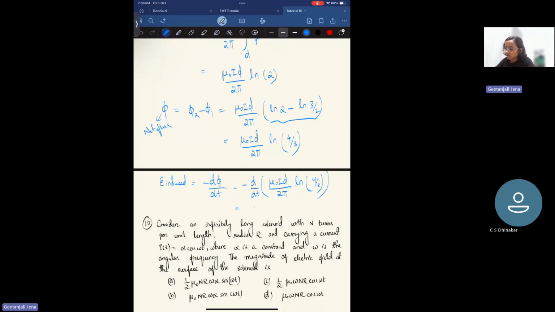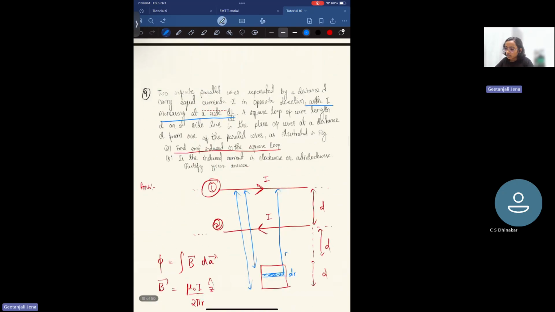So this is minus mu naught d by 2 pi ln 4 by 3 di by dt. This is the induced EMF. Okay.